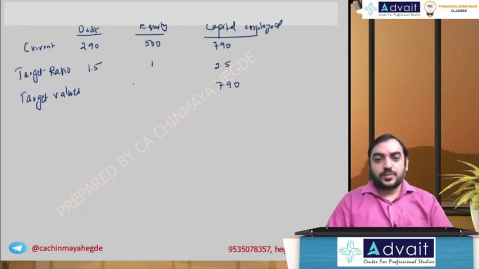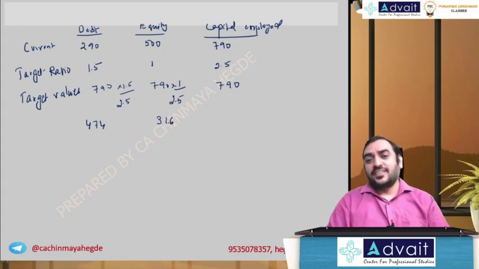Simple cross multiplication. 790 into 1.5 by 2.5 gives 474, right, for the first one. And 790 into 1 by 2.5 gives 316.